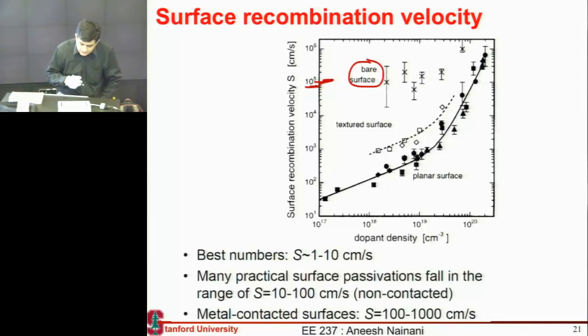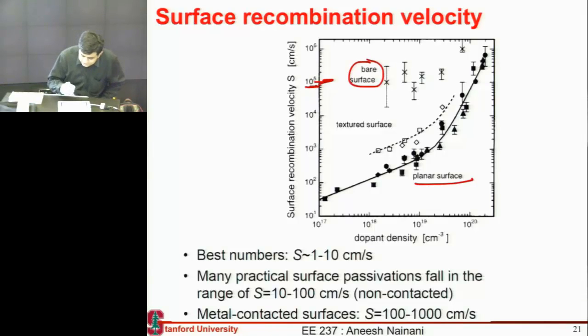So the technique that is used is to essentially passivate this using silicon oxide, and then you do further anneals in forming gas so that you passivate the remaining bonds with atoms such as hydrogen. You want to passivate as many of your bonds at the surface as possible.